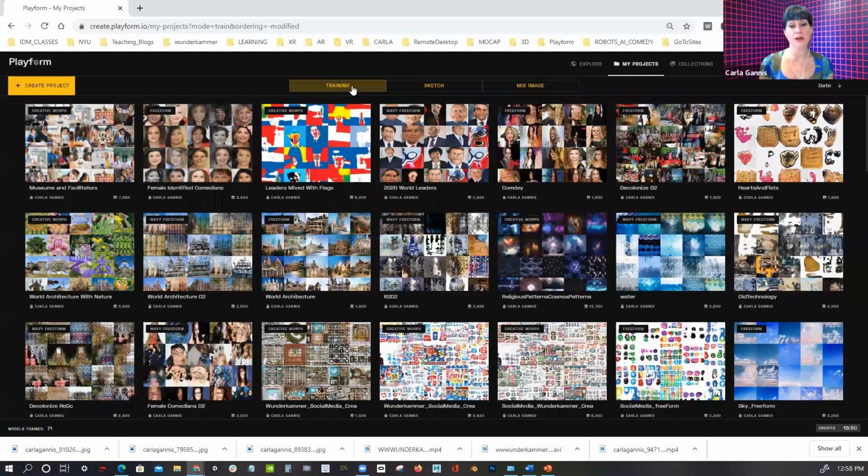And that's why I really love Playform too, Ahmed, because you've opened it up to artists, to other people, to work with machine learning in a very accessible way, and to start thinking about how we're seeding our future.